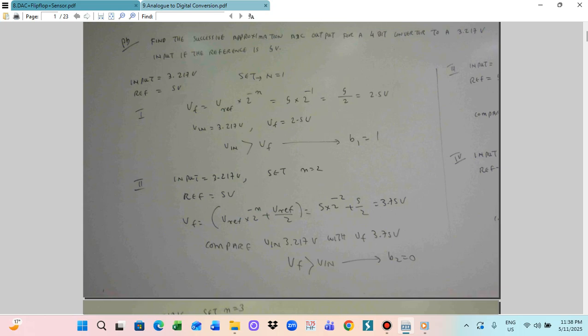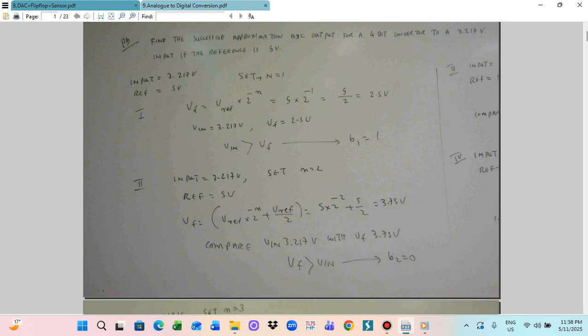Only the first time do you use Vf equal to V reference multiply 2 power minus n. But for the successive bits, B2 onward, you utilize Vf equal to V reference multiply 2 power minus n plus V reference divided by 2.